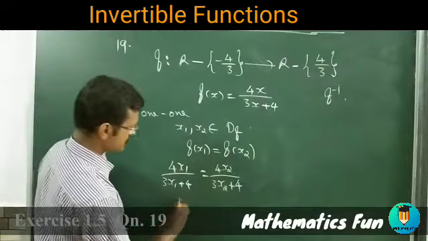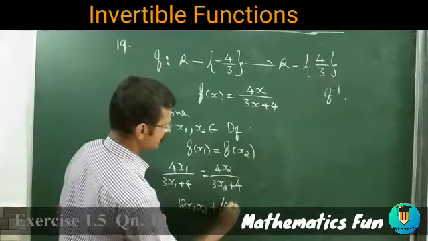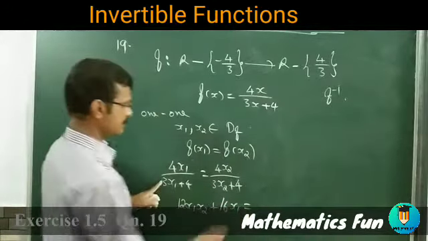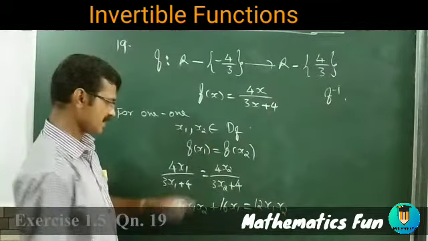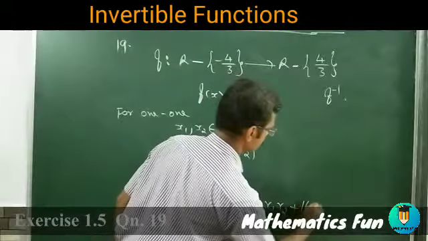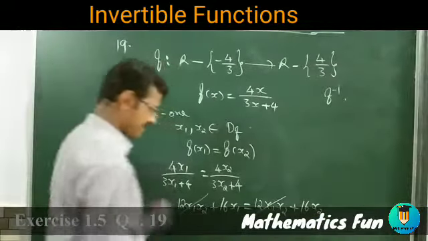Cross multiply it: 12x1 x2 plus 16x1 is equal to 12x1 x2 plus 16x2. Yes, 12x1 x2 cancelled.